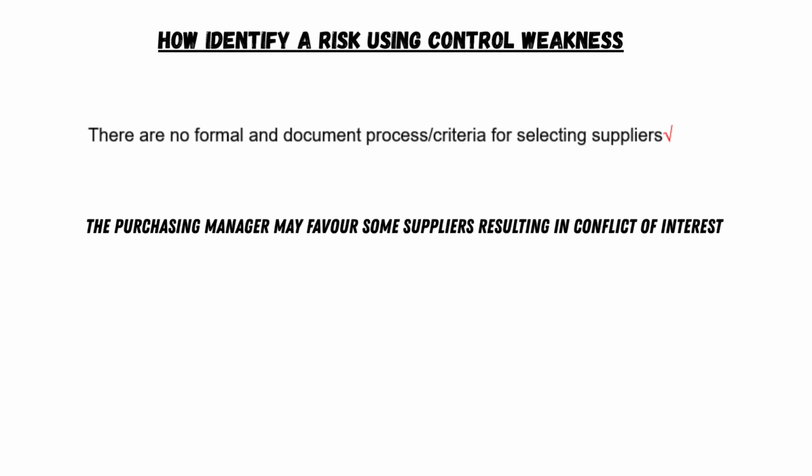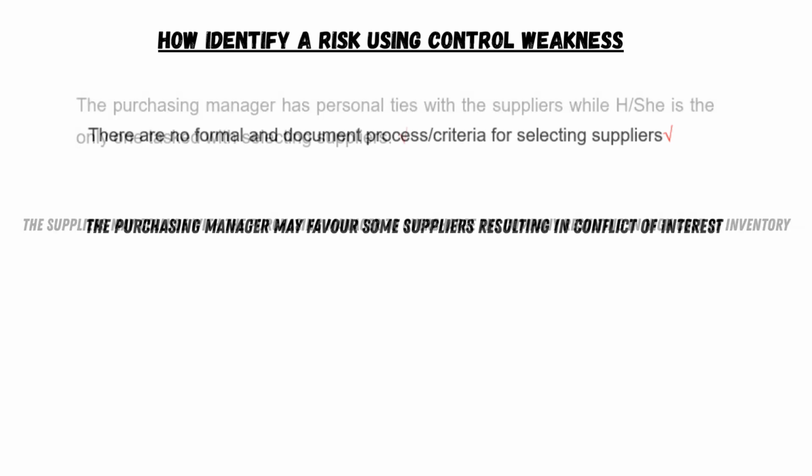Now, in this case, if we are not following a process, the person who's supposed to be selecting suppliers will favor certain people, will favor friends, will favor business associates. So that means as a result of having no formal or documented process or criteria for selecting a supplier, there is a risk of favoritism resulting in what? In a conflict of interest. That's how you write a risk using a weakness.